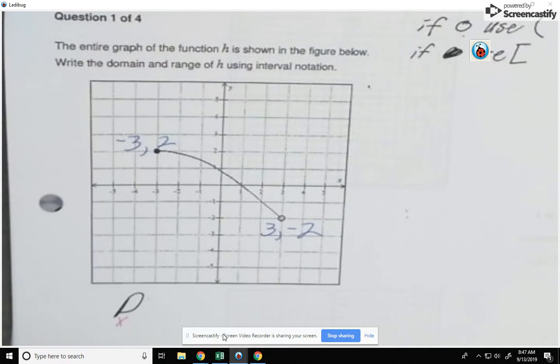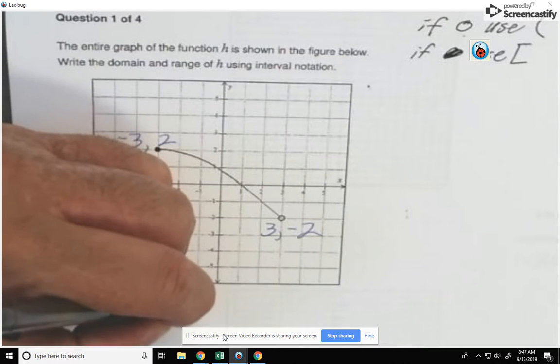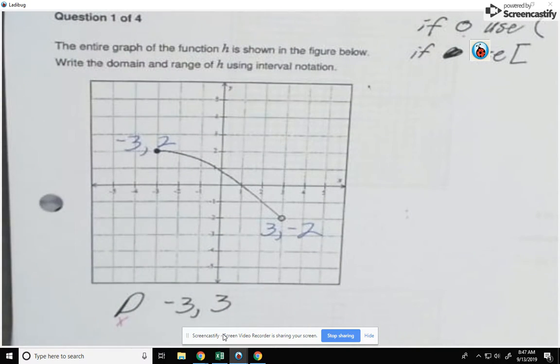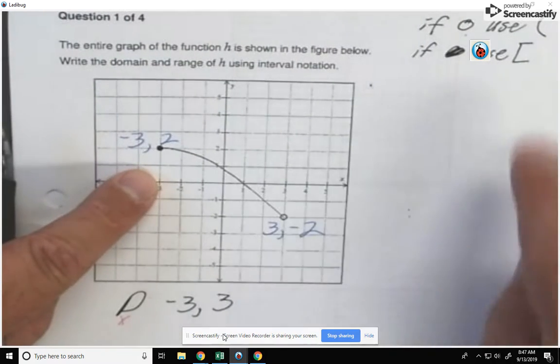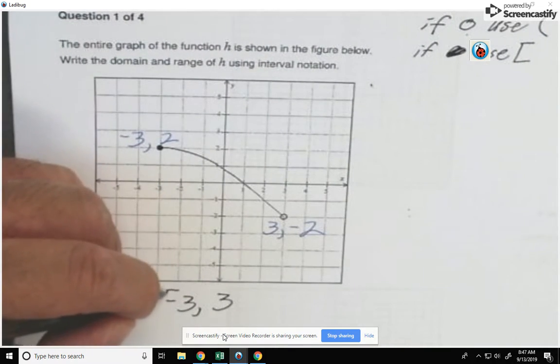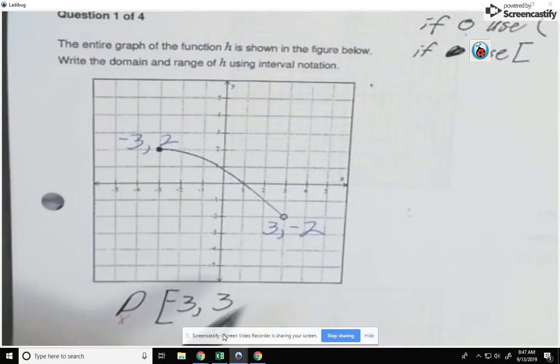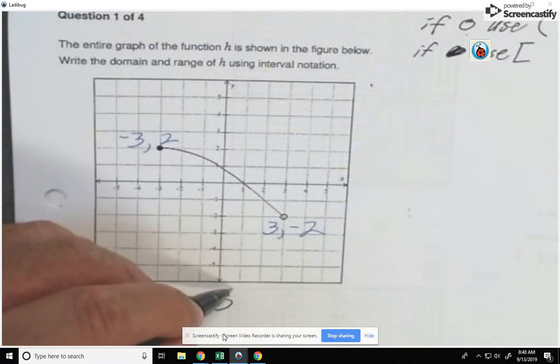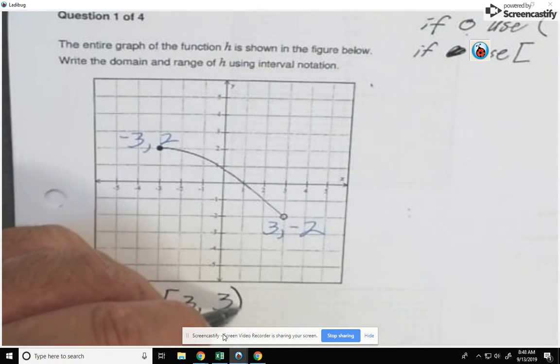So we want to write those in numerical order, lowest to highest. So we get -3, +3. Okay, the -3 comes from a closed dot, therefore we use a bracket. The +3 comes from an open dot, therefore we use a parenthesis.